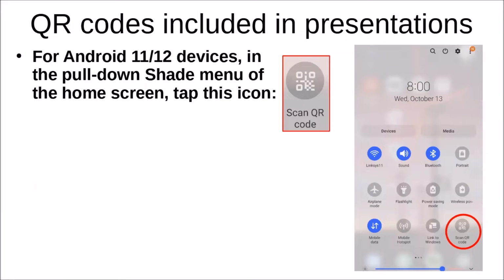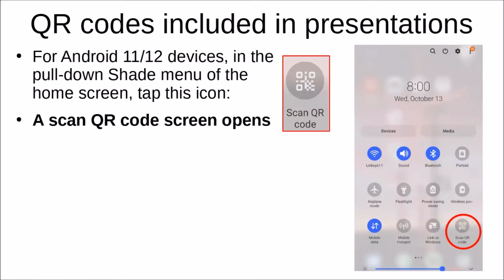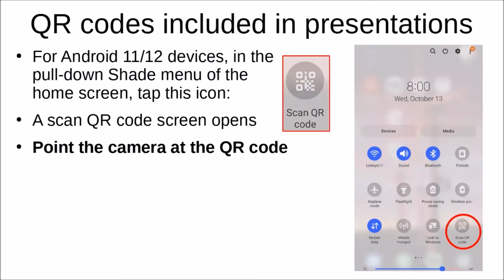For Android 11 and 12, in the pull down shade menu of the home screen, there is an icon when you pull it all the way down. You'll see an icon like this called Scan QR Code. You tap that and a Scan QR Code screen opens up.